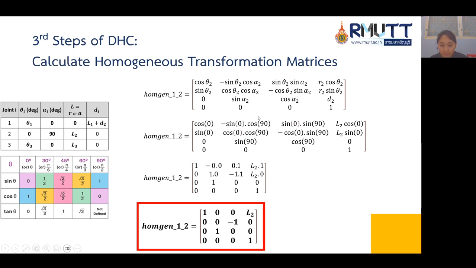and before that, find the answers for cos 90 degrees, cos 0 degrees, and sin 0 degrees using this table.